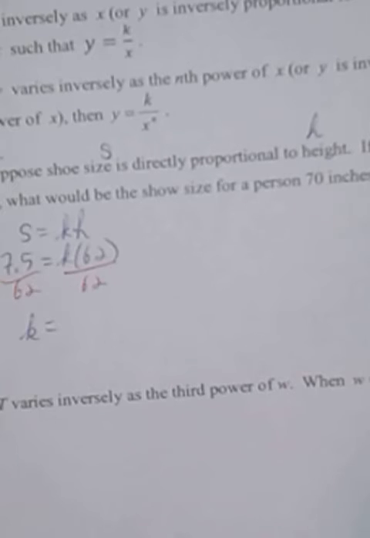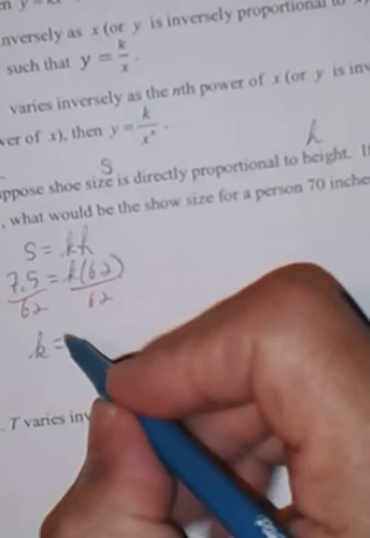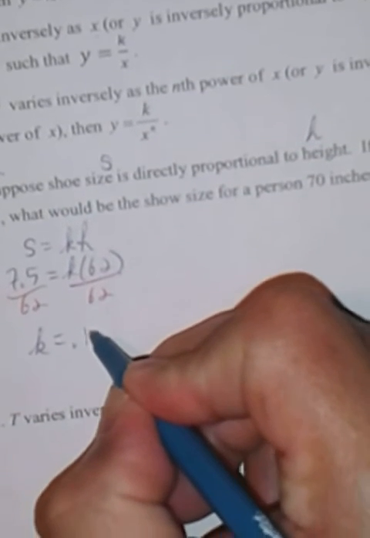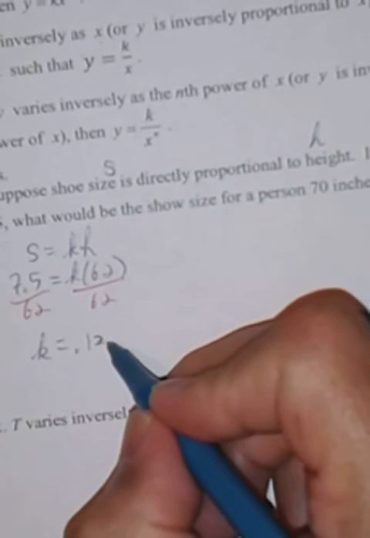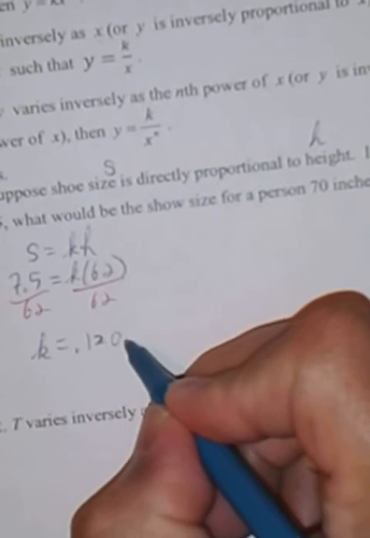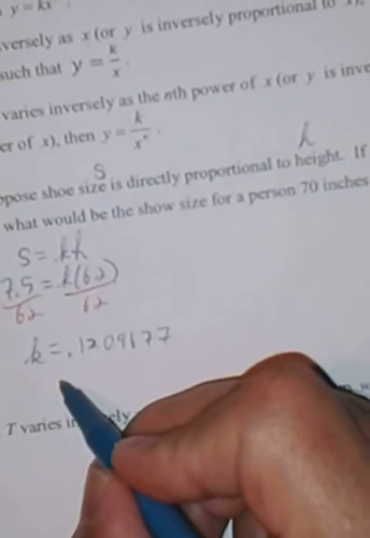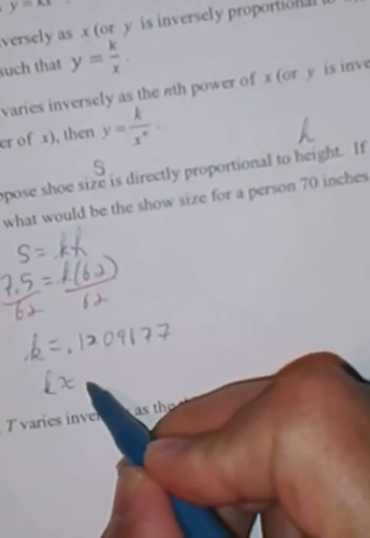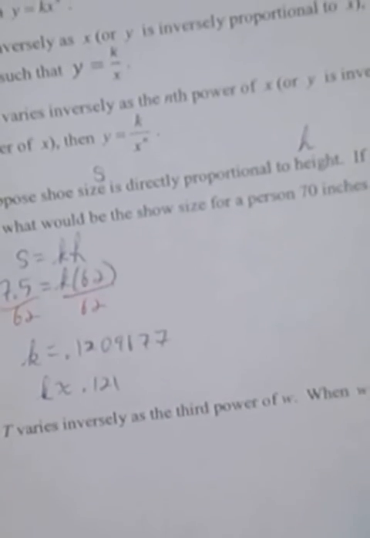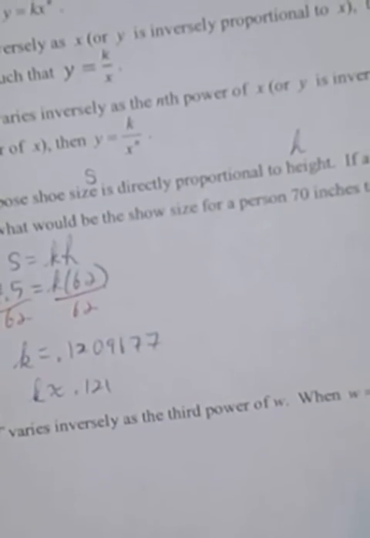And I get 0.120967, so I'm going to have to round that somewhere. Okay, I'm going to say it's about 0.121. Okay, that should allow us to get answers.